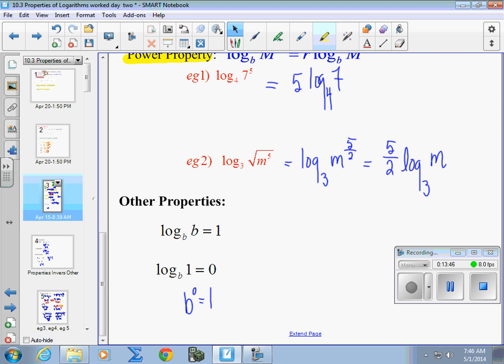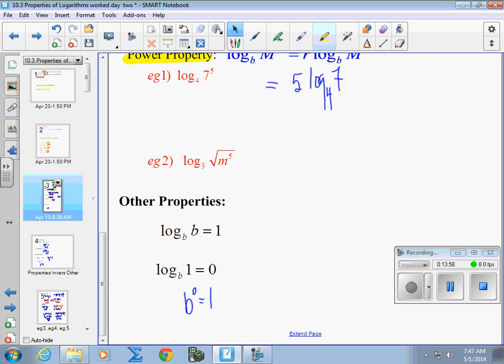Susan? Let's go back, Susan, to the square root of x is equal to x to the 1/2 power.